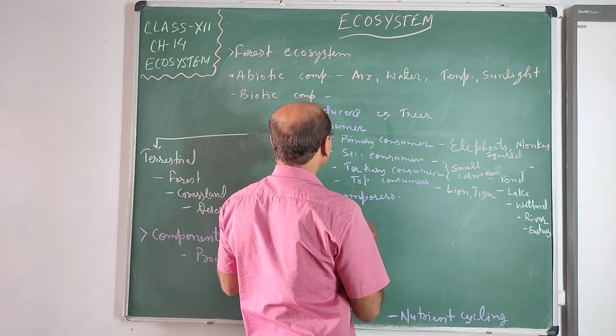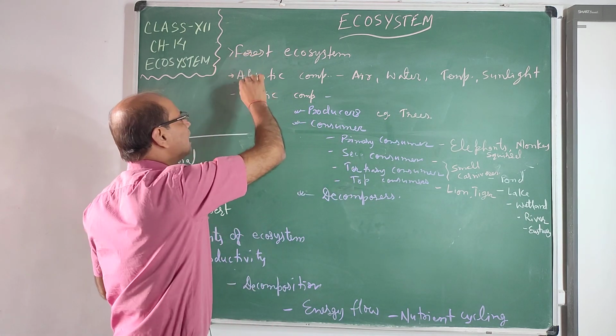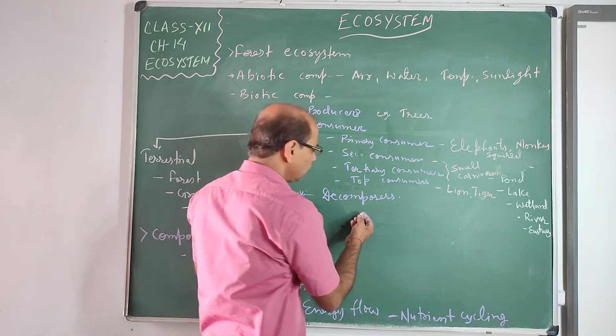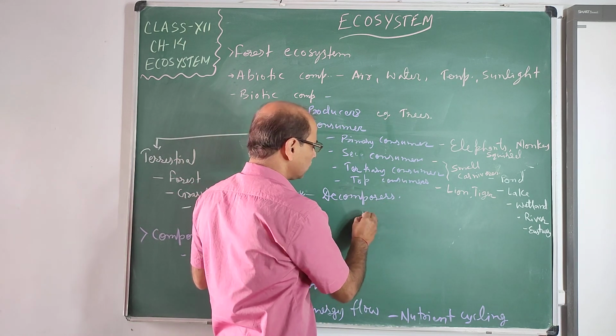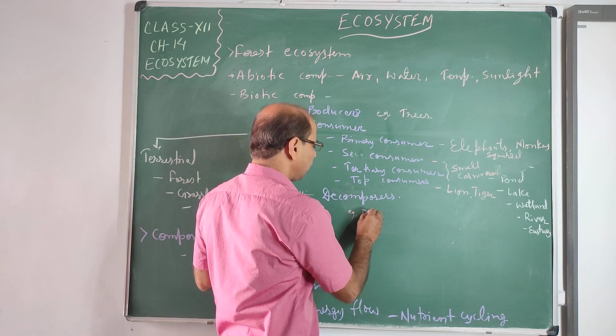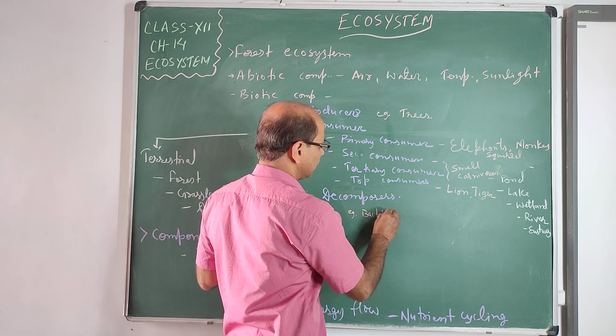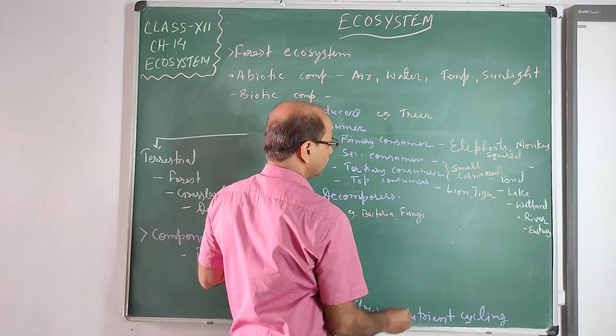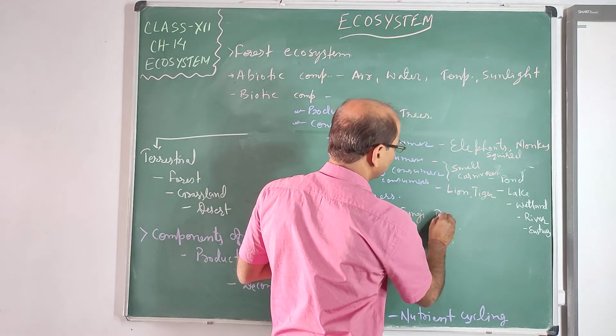So decomposers: the plant is the producer and the consumer, and when they die, they can decompose. So they are mainly the bacteria, fungi, protozoa.